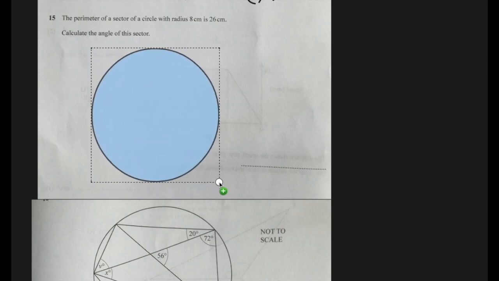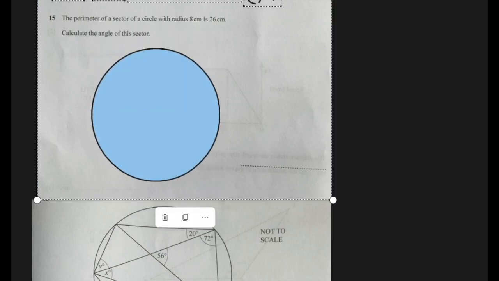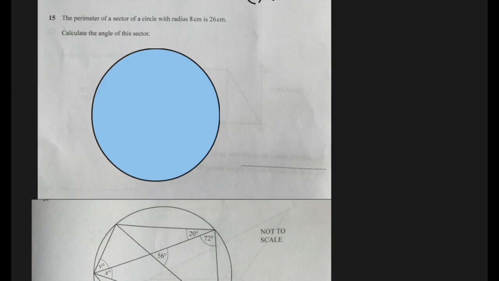8 centimeter. So let me draw a circle first. Suppose this is a circle. Now the radius is 8, so from here it's 8 centimeter, and the perimeter of the sector is 26.